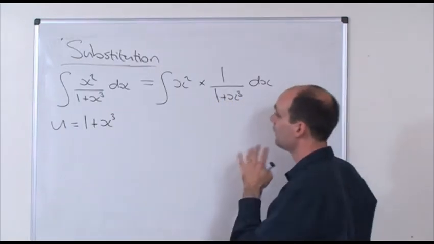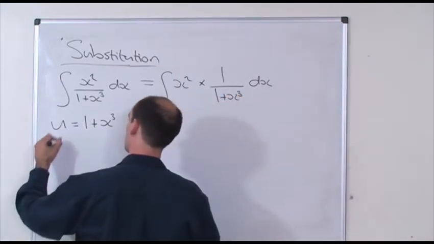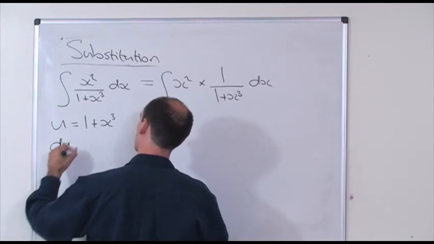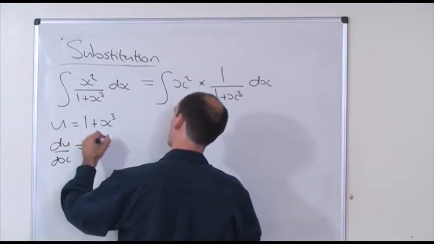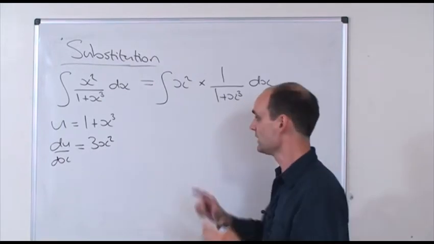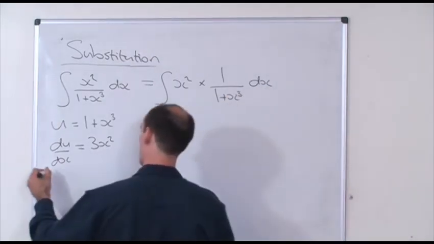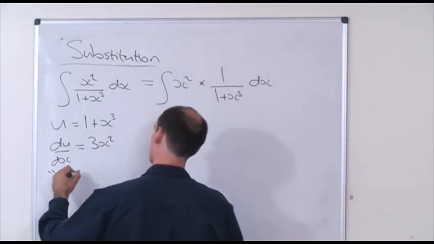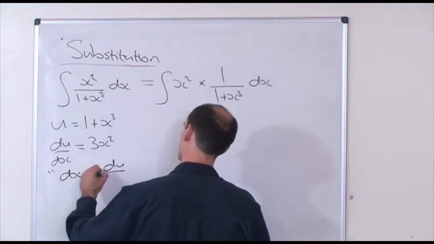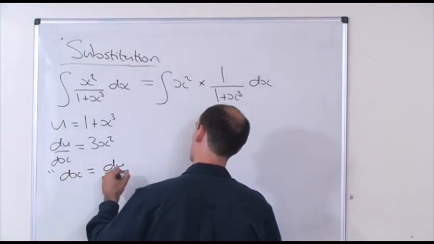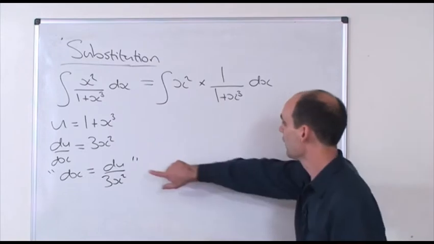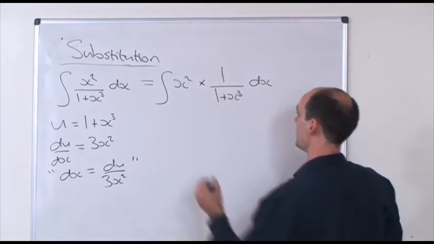Okay, and now we have du by dx, as I said, equal to 3x squared. And again, treating du by dx as though it's a fraction, we have dx equal to du divided by 3x squared. And again, I can substitute all these in here.